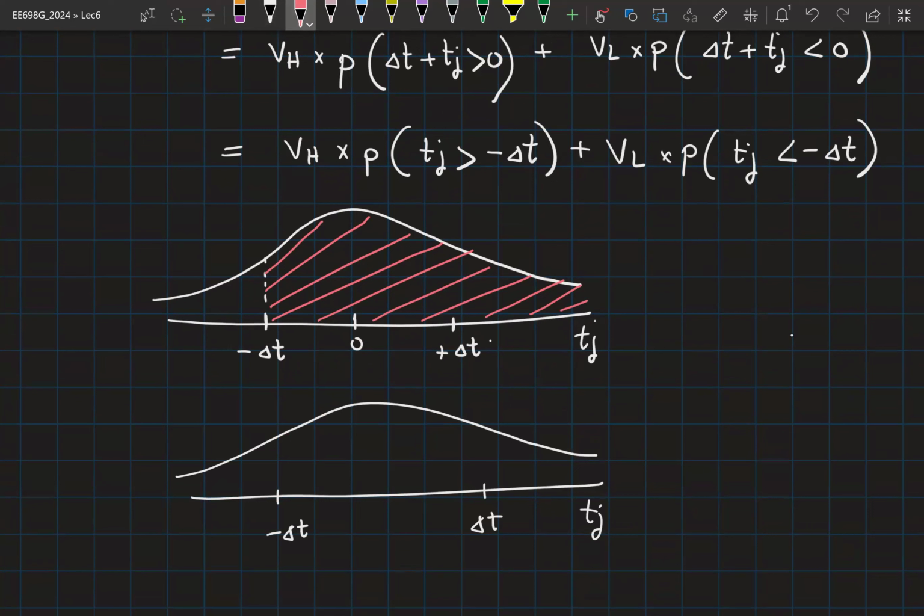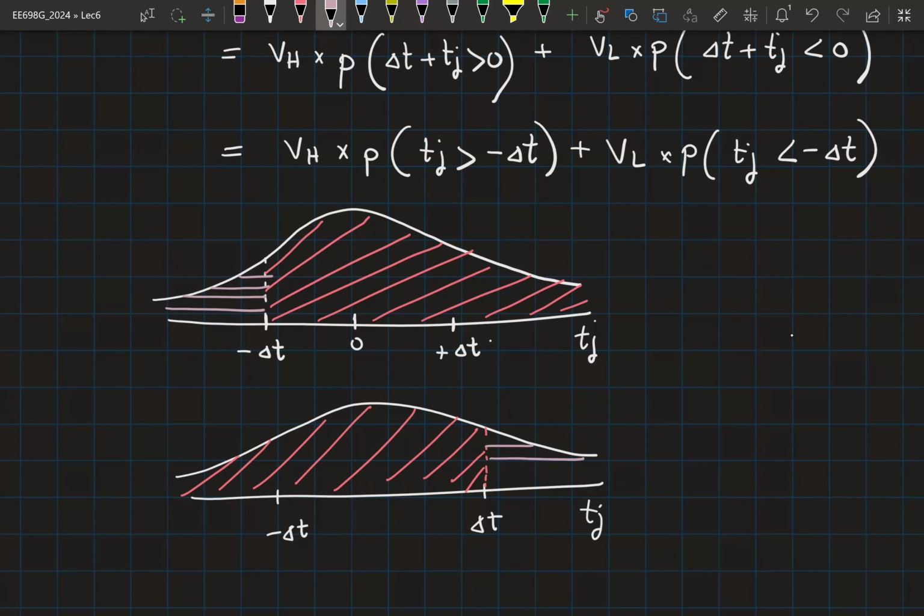Isn't this also the same as the area under this curve? It's symmetric on both sides. Similarly, the second constraint is Tj lesser than minus delta T, so that refers to this portion. And that will be the same as Tj greater than delta T.